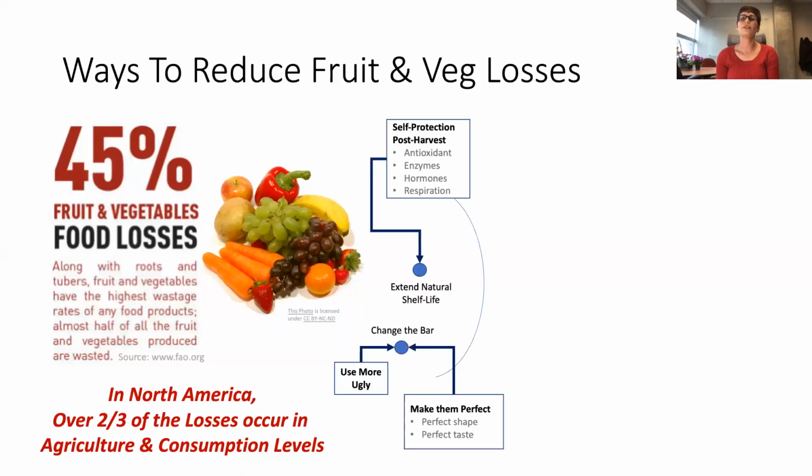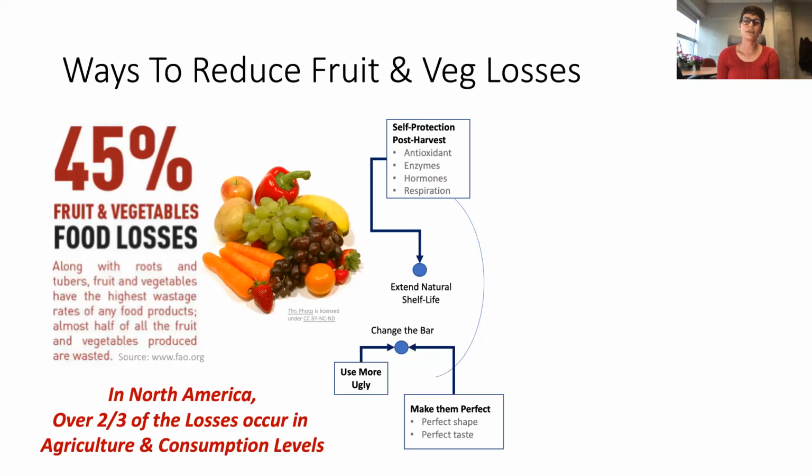So one way of tackling this would be, for example, self-protection of post-harvest. So maybe improving crops, so they have antioxidant resistance, they have hormones, and they can better regulate the respiration rates, so they have extended shelf life.